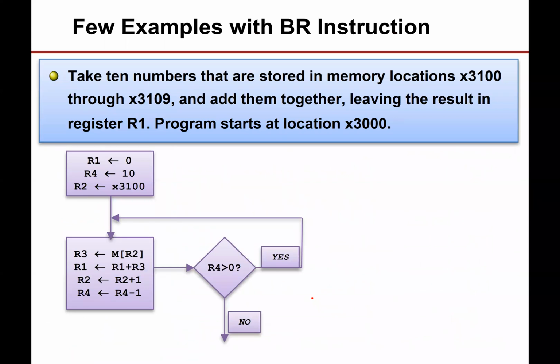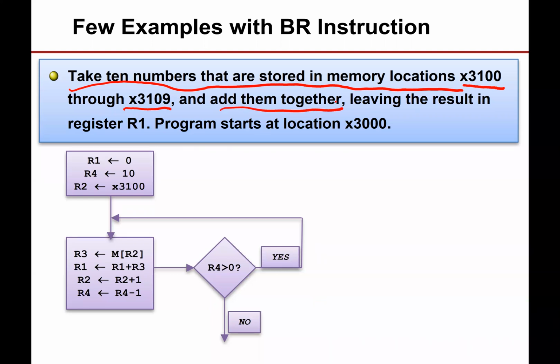So let's see the second example. The second one is very, very similar to the first one. It takes 10 numbers that are stored in memory locations x3100 through x3109 and adds them together.